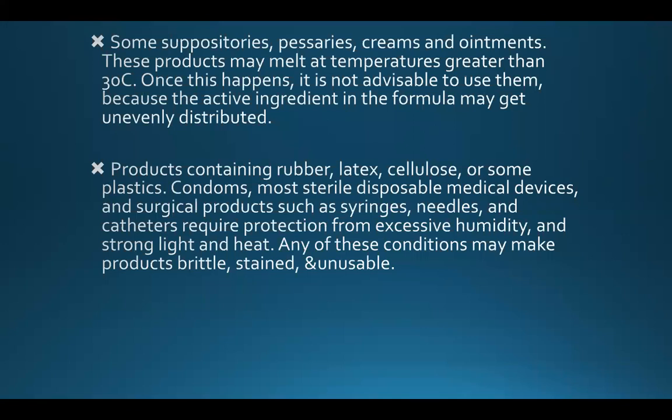If the humidity is high in that area, they become brittle and stained, and they are unusable. These are mostly rubber, latex, cellulose, or plastic products like syringes. So they must be stored in a humidity controlled environment.